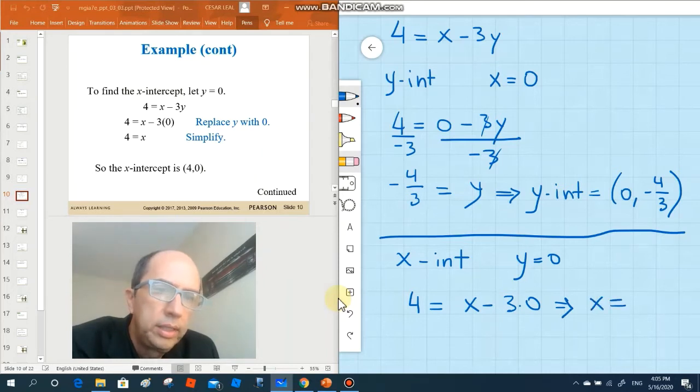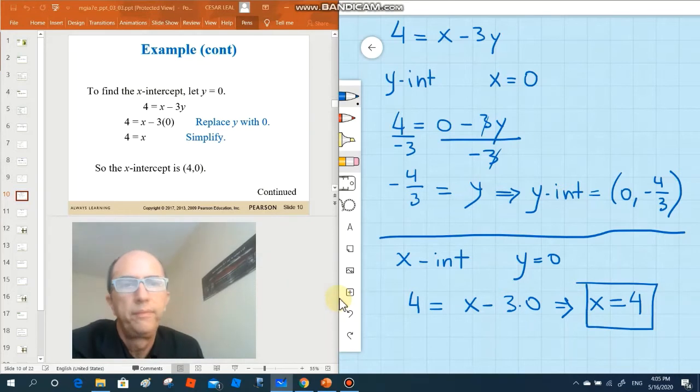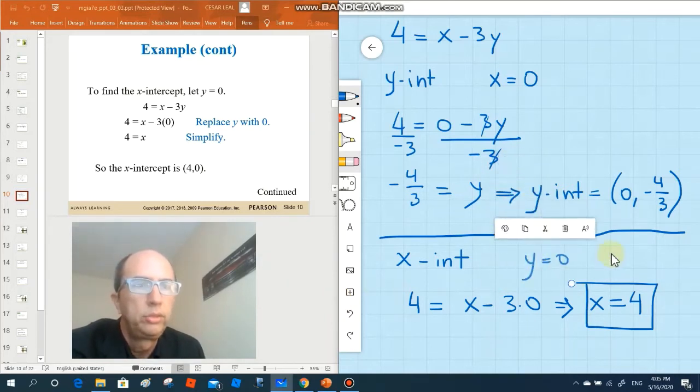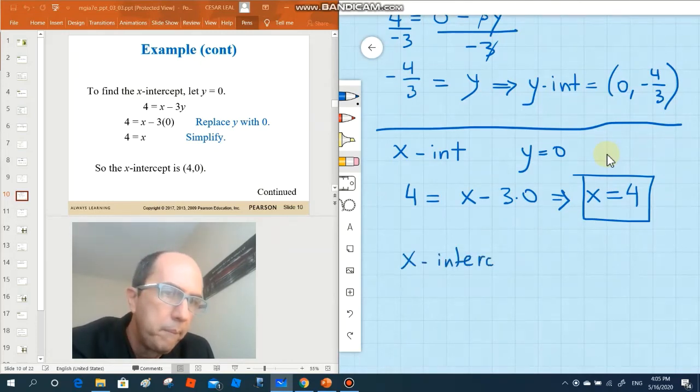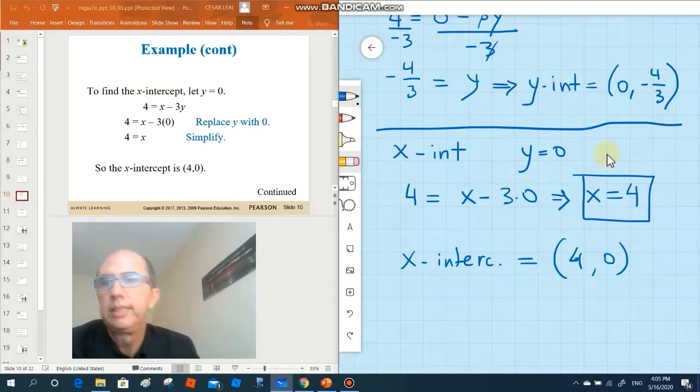And you're going to see that x equals 4. So we can say that the x-intercept is x equals 4 and y equals 0. That's it.